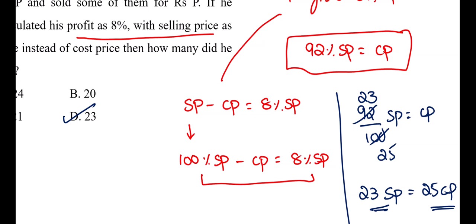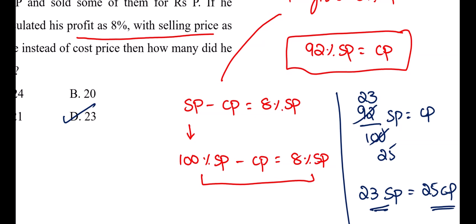But there are some questions where they'll ask: if profit is 8% with respect to selling price, then what is the actual profit percentage? Actual profit percentage means we should calculate with respect to CP. There are certain questions like that, but this is a bit different one. This type of question is not there in any textbook. All those formulas given in textbooks are with respect to cost price. You may have some list of formulas, but if you stick to that, this cannot be done.